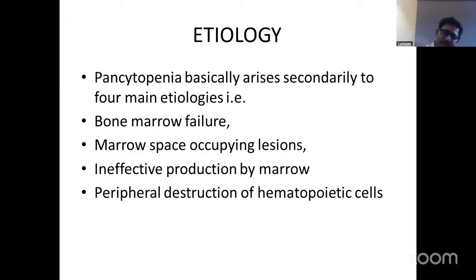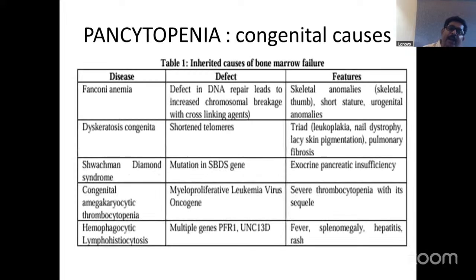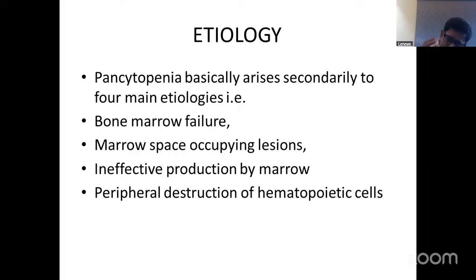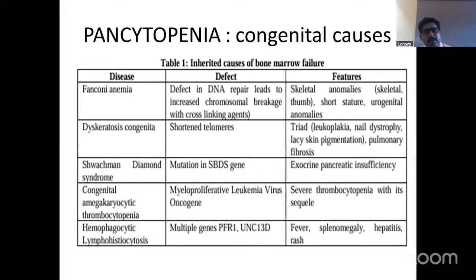So these are basically the four main etiologies, and one of the commonest causes of pancytopenia in children or young people is genetic. Of all the congenital causes, there are certain important inherited causes of bone marrow failure, and we'll be discussing them in slightly more detail as we go ahead. The first and foremost thing to be discussed among the congenital causes of pancytopenia is Fanconi's anemia.